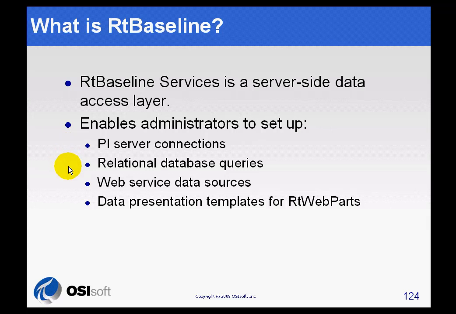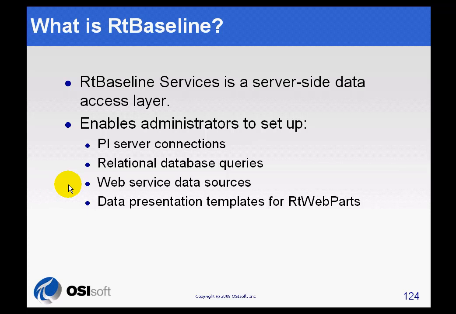Now, RtBaseline Services also stores the configuration and manages the links to relational database queries. So defining certain data sources, defining data sets to query those data sources, that's all done in RtBaseline Services.